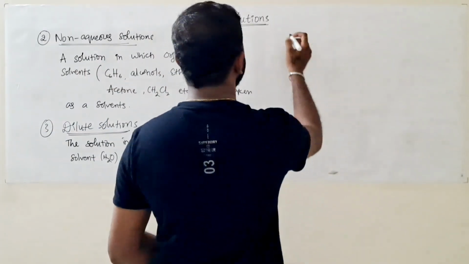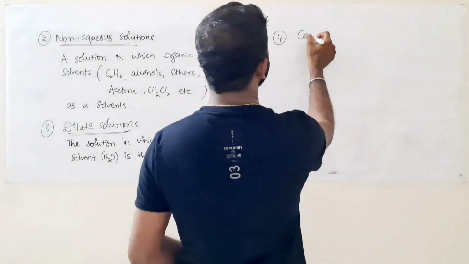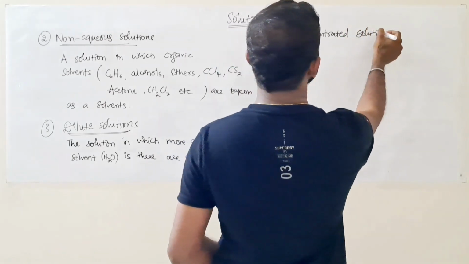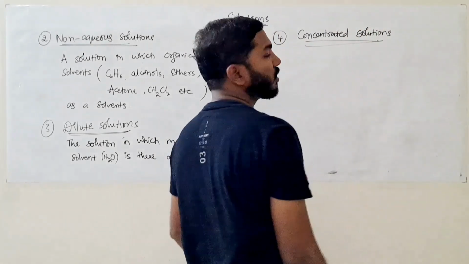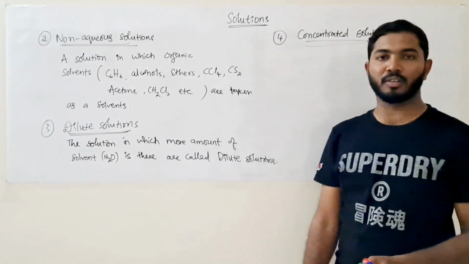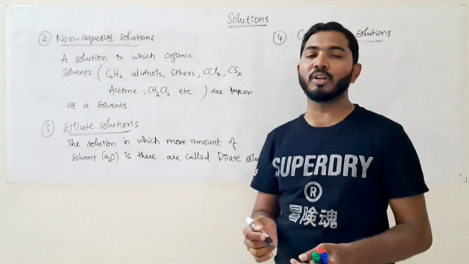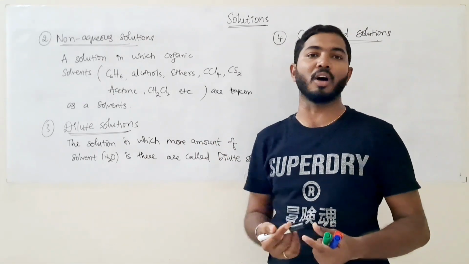The fourth type of solutions are concentrated solutions. This is quite opposite to dilute solutions. In dilute solutions we generally have more amount of solvent.